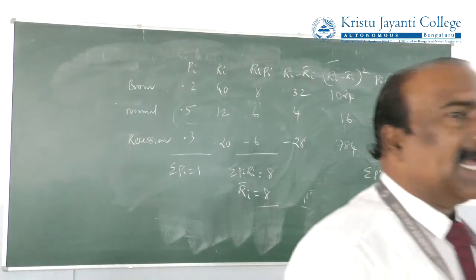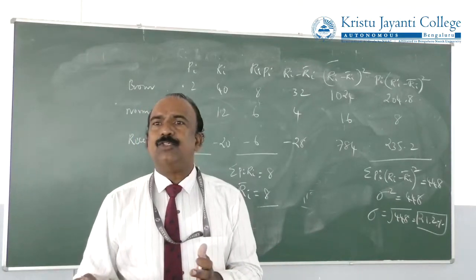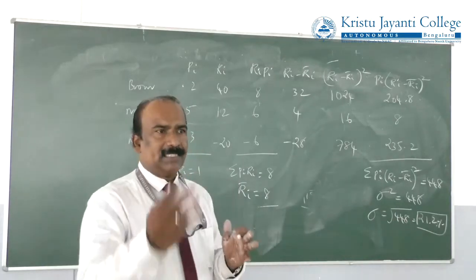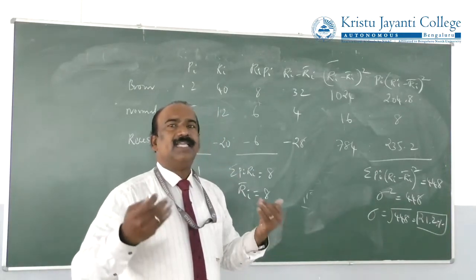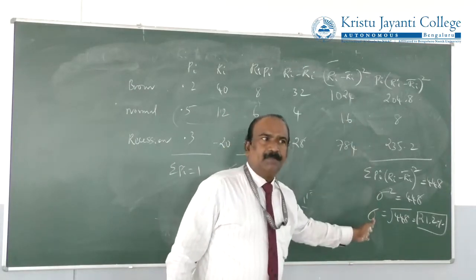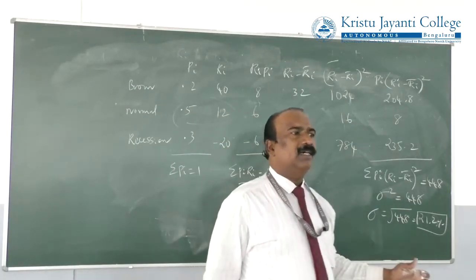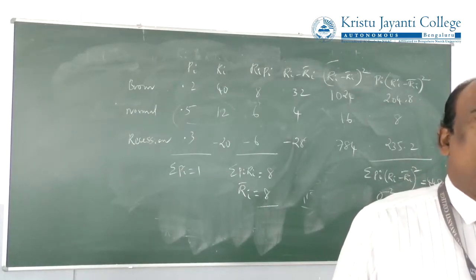Then the next two procedure is same. Ri minus R bar, whole square. Since here we are given probability, multiply with the probability and sum it up. That itself is called variance. Square root of variance is called standard deviation.